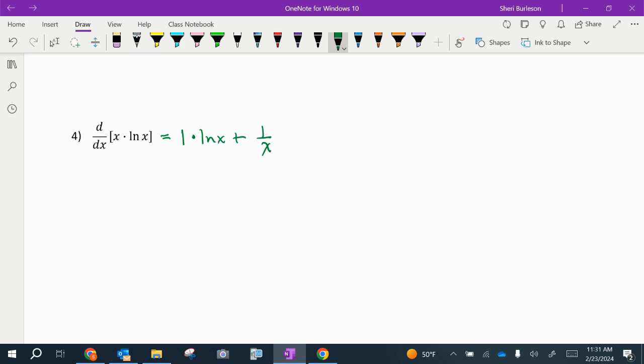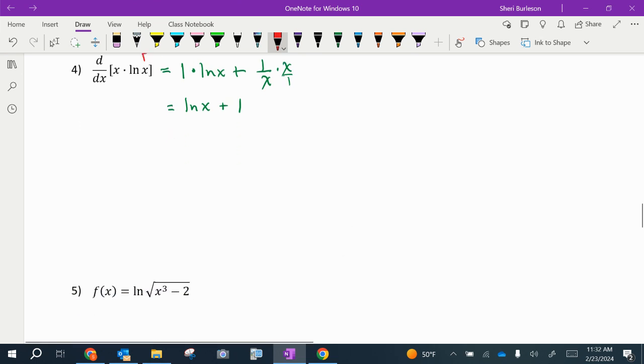The derivative of ln of x is 1 over x, and x was the first function. So if I simplify this, I'm going to get the natural log of x plus 1. Hopefully you did that right using the product rule.